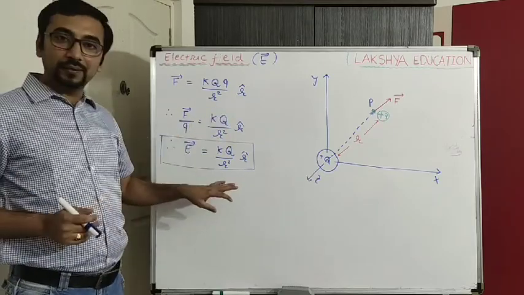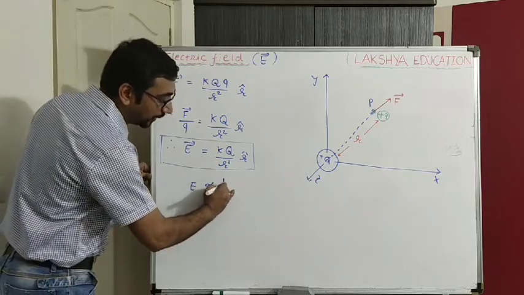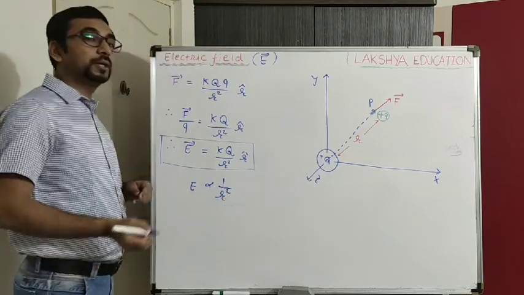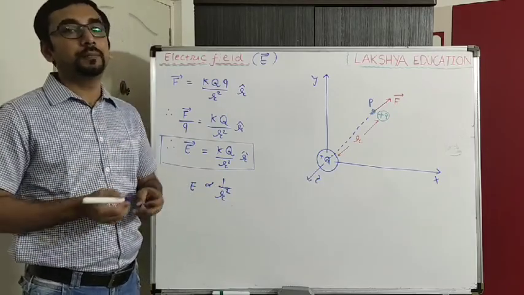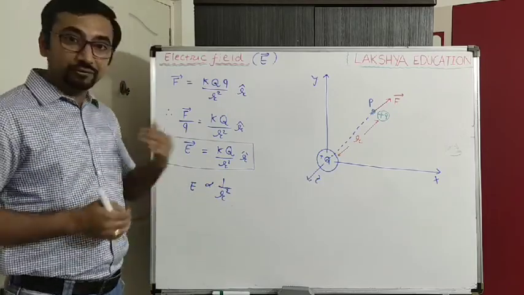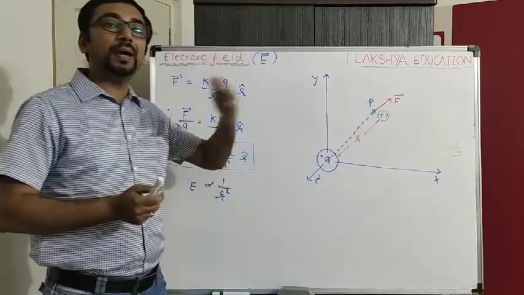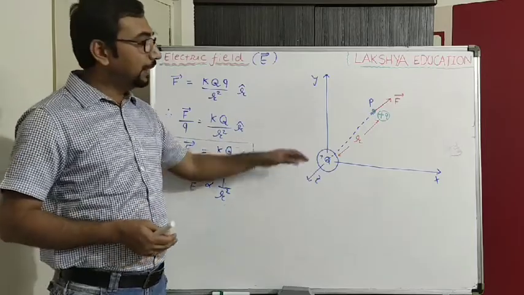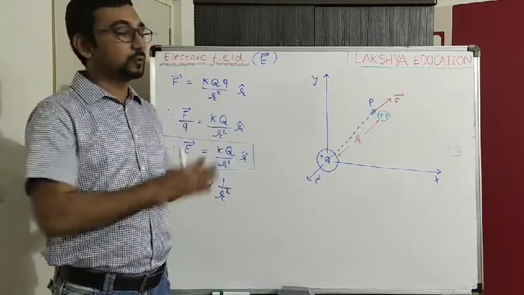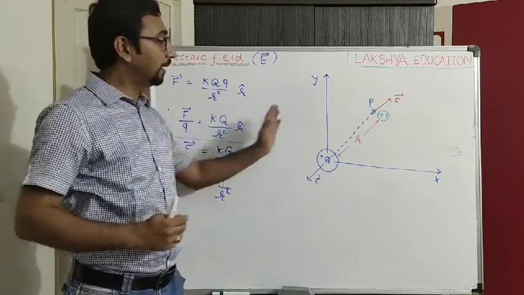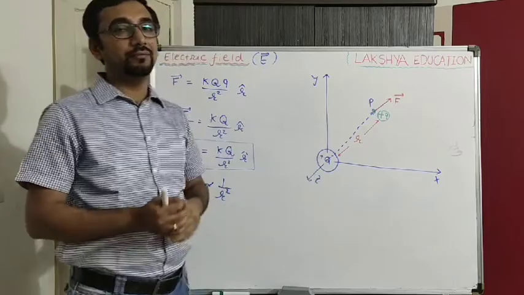For a point charge, the magnitude of electric field is inversely proportional to the square of the distance of that point. That means if we increase the distance to twice the initial value, the electric field will be reduced by 4 times. So as we move ahead, the electric field decreases very fast.